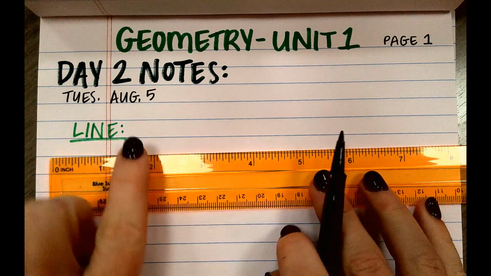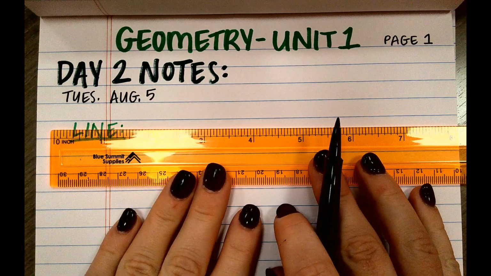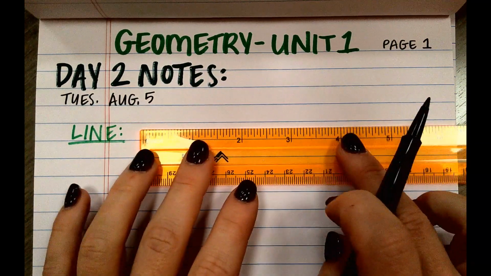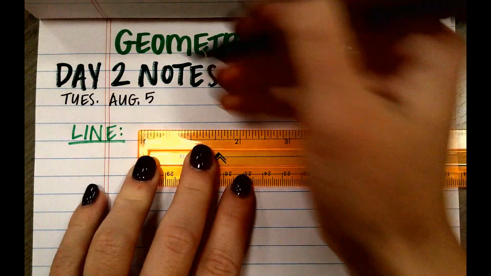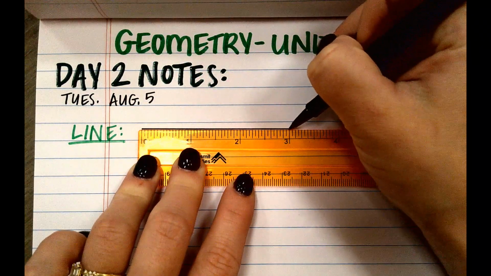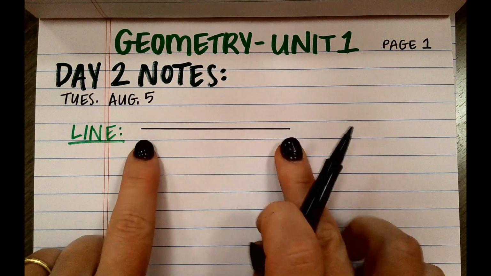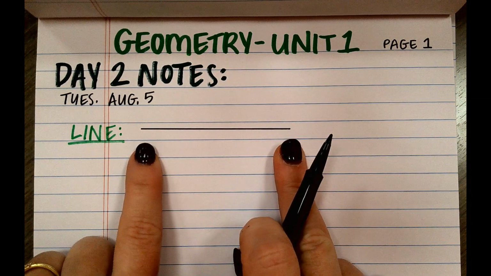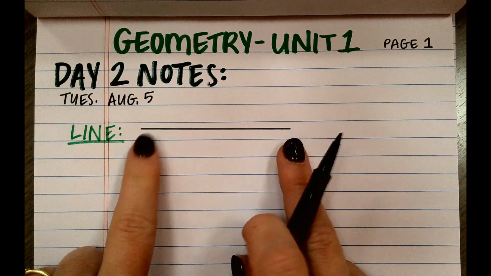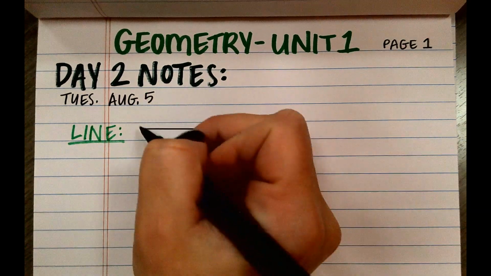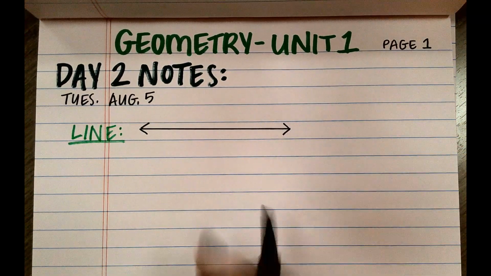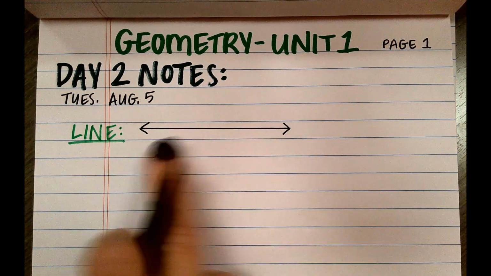And for your line, I'm going to do about 3 inches here, a 3-inch long-ish line segment. Now what makes this a line is we're going to put arrows on the ends of each end there.